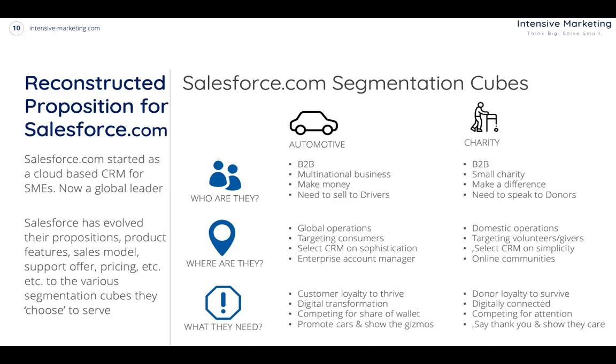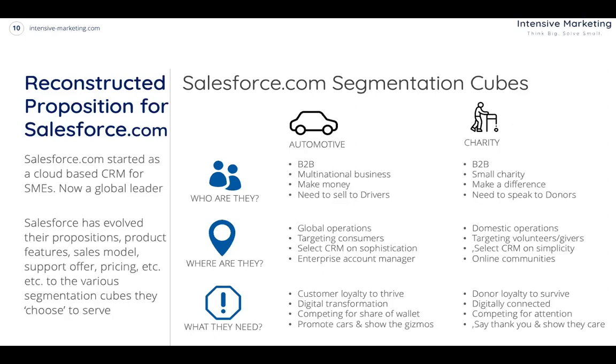So clearly in an automotive world, they need customer loyalty to thrive, whereas a charity will need donor loyalty to survive. An automotive company may be interested in digital transformation, selling cars online and blending their offline and online offer, whereas a charity simply needs to connect Just Giving to their website and back into the Salesforce product.